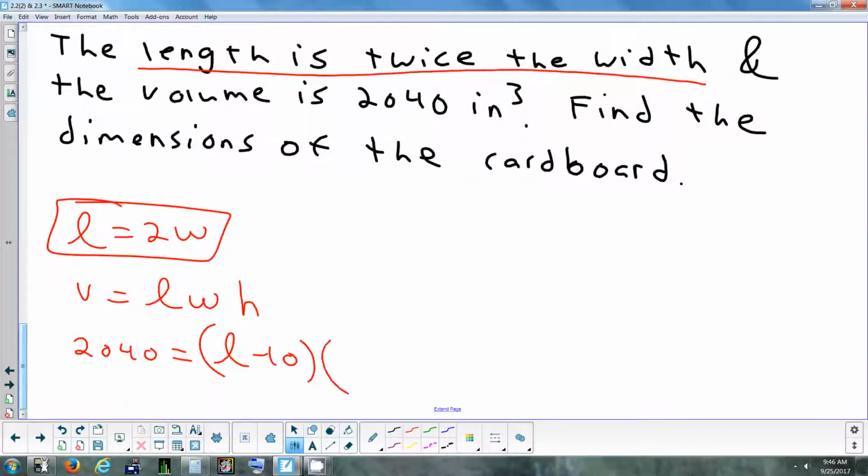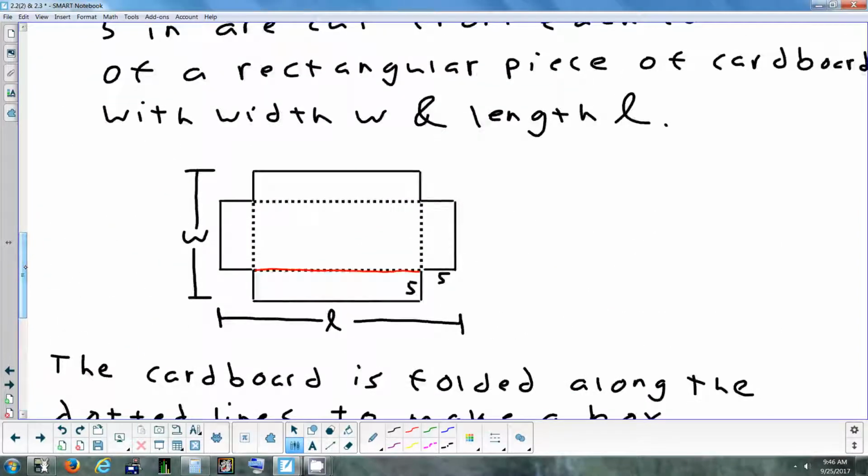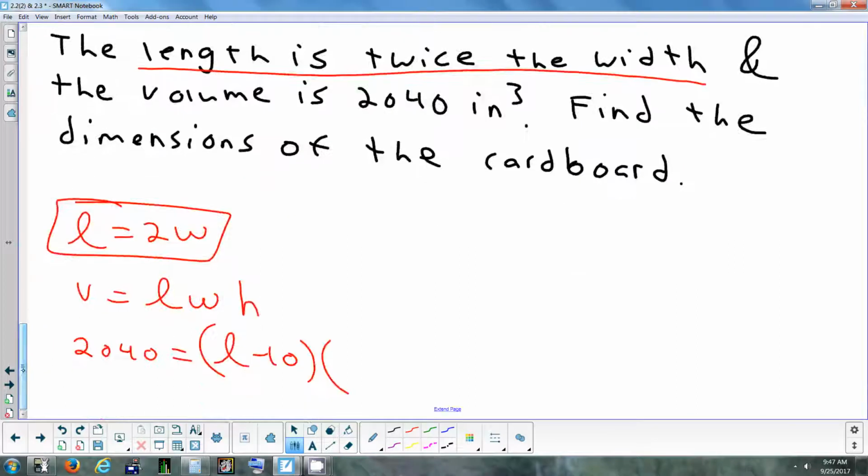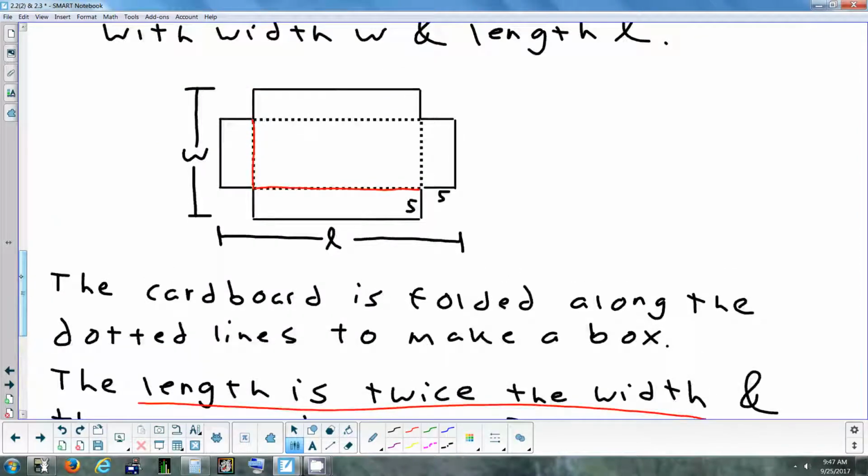That's the length. What about the width? W minus 10. And what about the height? How deep is this tray going to be? Yeah, it's going to be 5 because that's the part we're folding up.